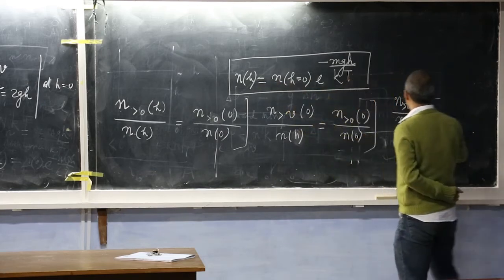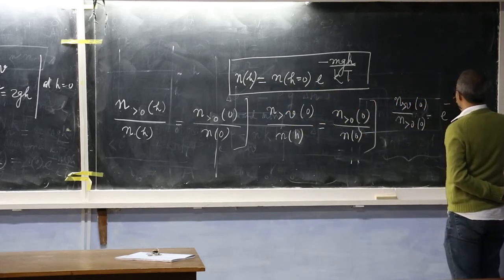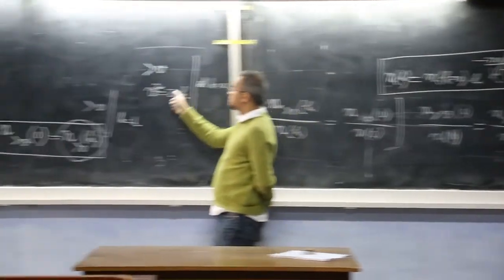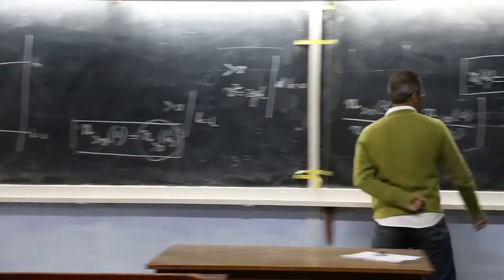and nh by n0 is given by e to the power minus mgh by kT, but mgh is now related to v squared.